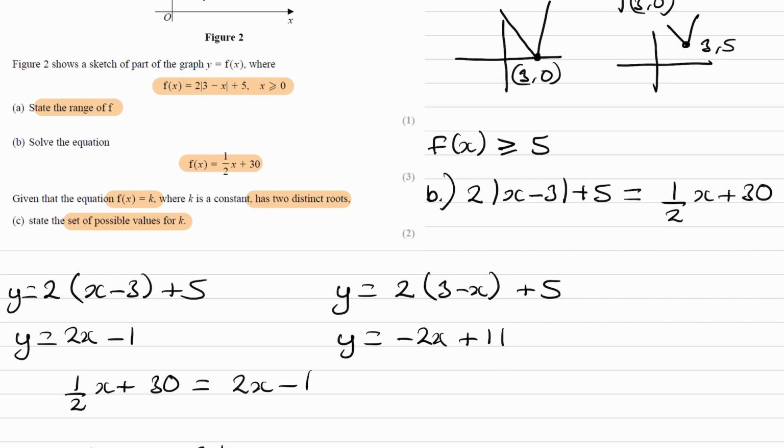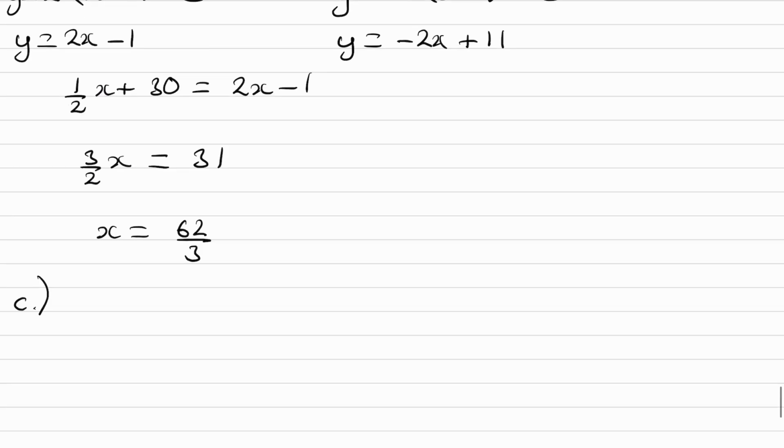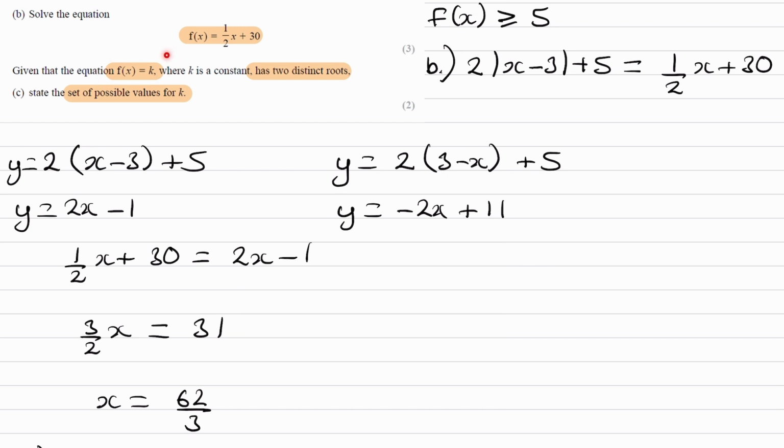So if we're setting f of x to be equal to k, that means we're basically solving the equations y is equal to f of x, which is the modulus function, and y is equal to k simultaneously. If we're solving these two equations simultaneously, then we'll end up with f of x is equal to k. That's just equating them for y. That is the equation that we have over here. So that's what we're solving.